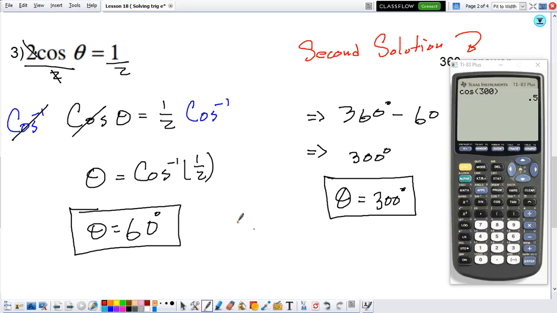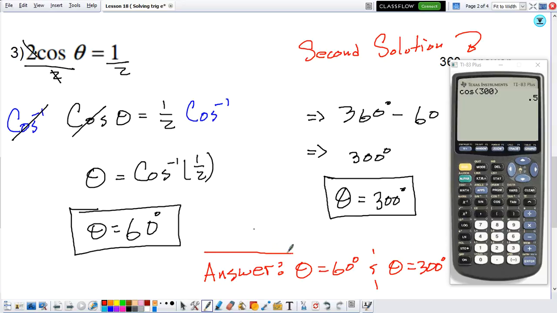You don't have to check all the time. This is always going to be true. We're just checking in this video so you can be exposed to the idea here. But you need to come up with a final statement. The answer is when theta is equal to 60 and theta equals 300.